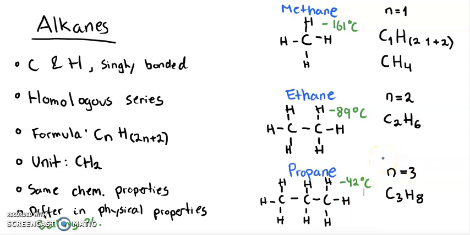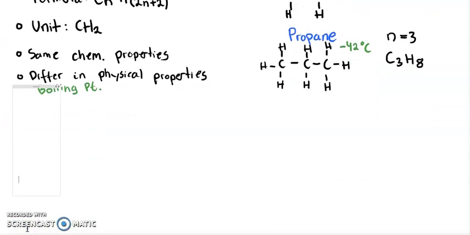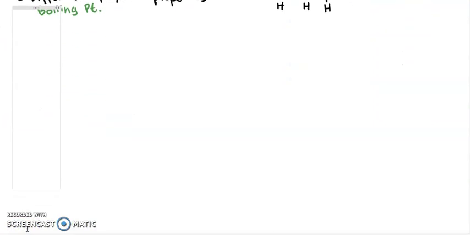And that is common for all homologous series. The melting point and the boiling point increase when the number n increases. So we're going to look at the first 10 in the homologous series of alkanes.